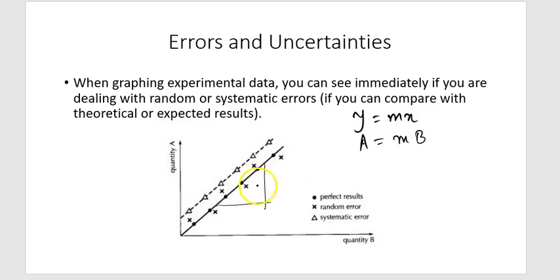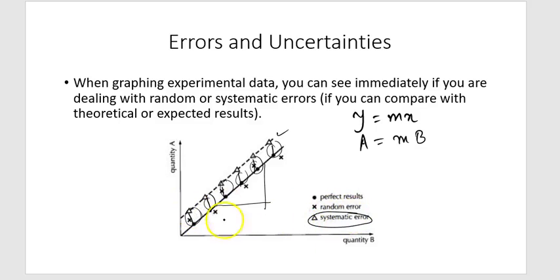Now, if there is systematic error in the data, as we see, the form of the graph does not change. This is the graph that represents that. There is systematic error in the results, and as a result of that, all the values are shifted up by the same amount. This represents the deviation, and that deviation is the systematic error.